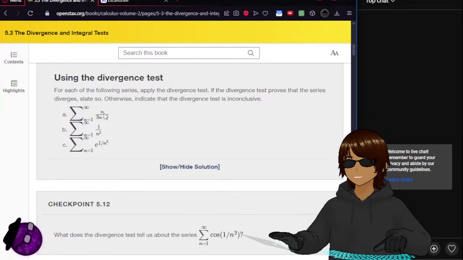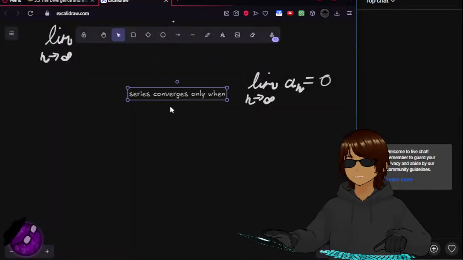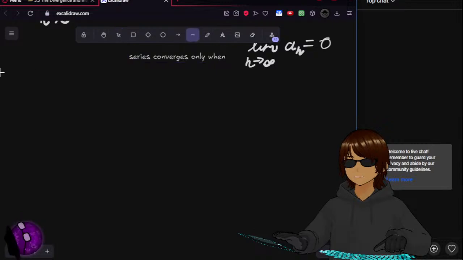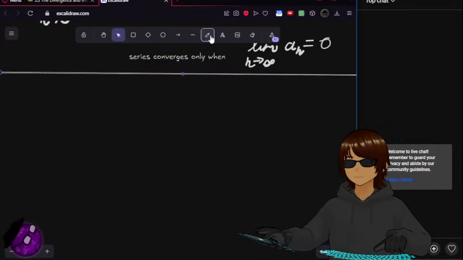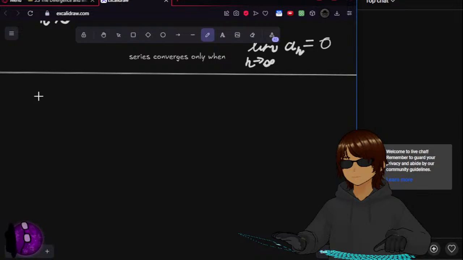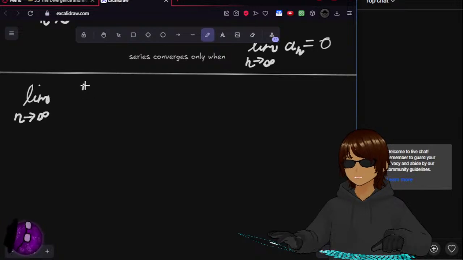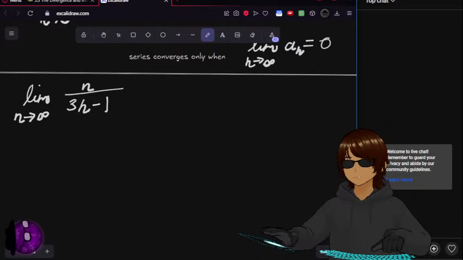So the sum to infinity of n over 3n minus 1. Yes, my n looks like an h.